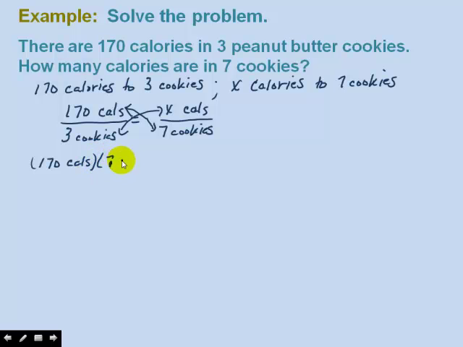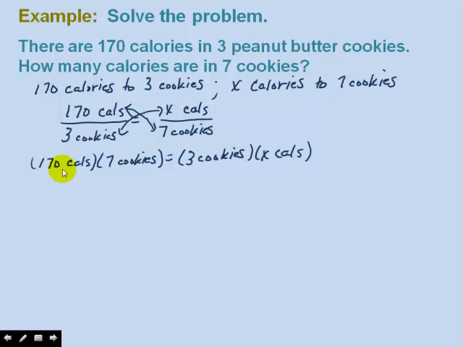And I'm leaving the units in here because that gives us a way of checking at the end whether we solved our equation correctly or not. So we have 170 calories, 7 cookies, and then with the other multiplication we have 3 cookies and x calories.